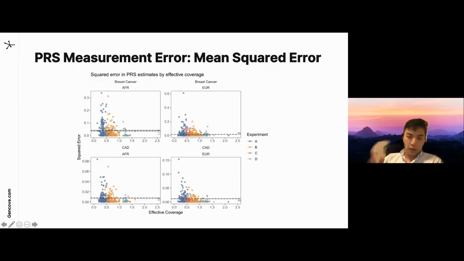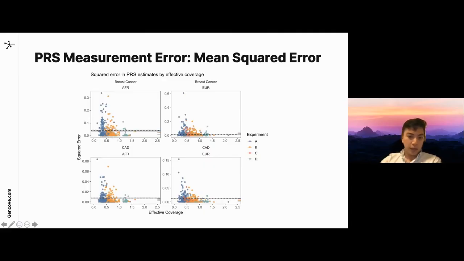And basically, the takeaway here is also very similar to the previous two, which is that for the majority of sequencing-based assays, except for this particular unusual case of breast cancer in Europeans, the measurement error in the sequencing-based assays was considerably lower than that computed from the data imputed from genotyping arrays.